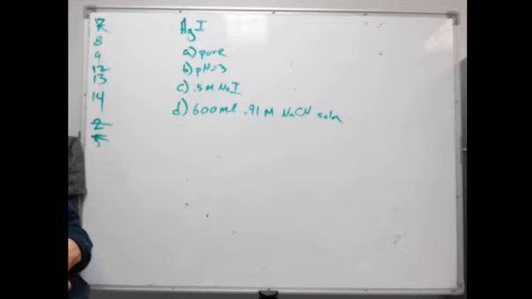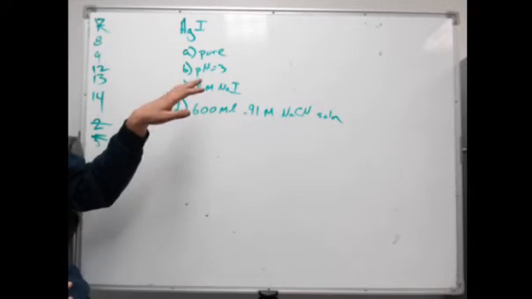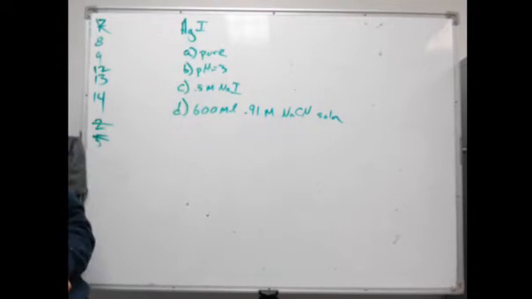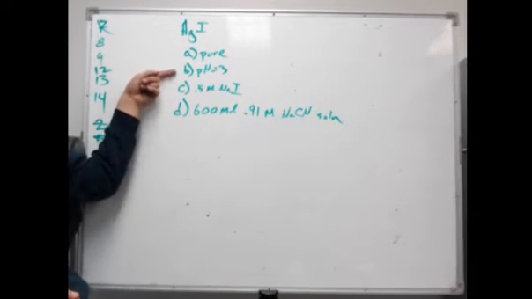What's the magic phrase we use? When I take my H plus and interact it with my anion, does that anion form a strong acid or a weak acid? Strong acid. So is the pH going to affect the solubility? No. Problem B, the answer is the same as A.